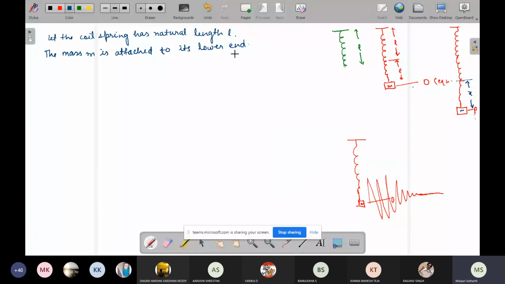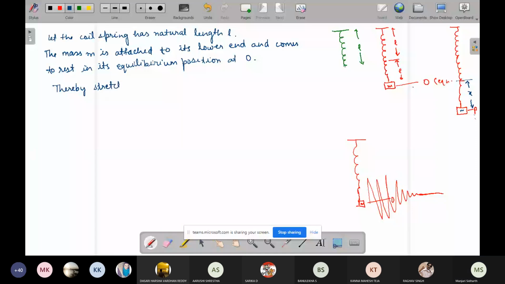And let's say this spring comes to rest in its equilibrium position at point O, thereby stretching the spring by an amount E, so that the stretched length is L plus E.